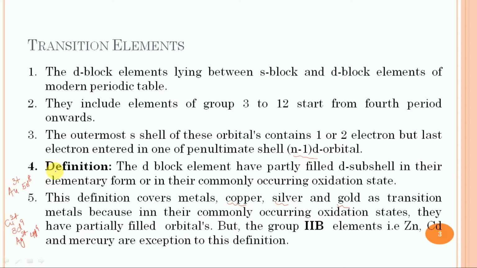However, it may be noted that the above definition does not include the elements of group number 2b, and these are zinc, cadmium and mercury, and these are exceptions to this definition.